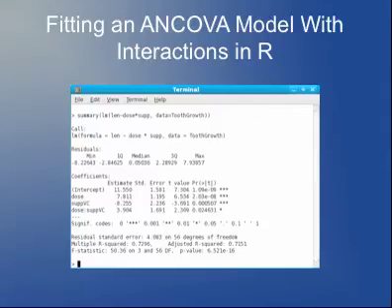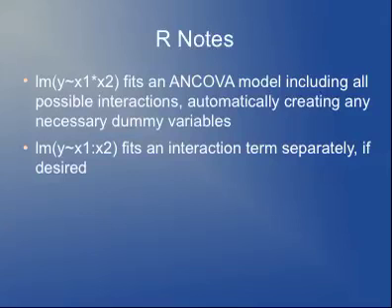But yeah, that's the basic story there. In general, if you say y twiddle x1 star x2, that'll fit an analysis of covariance model that includes all possible interactions and will automatically create any needed dummy variables.